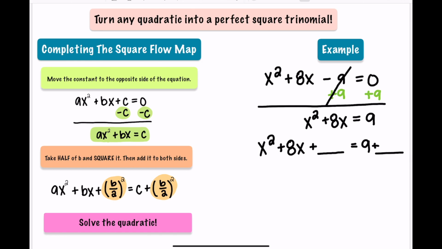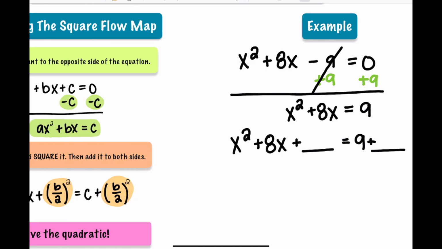So to make this a perfect square every single time, a little shortcut method is to take b, divide it by 2, and square it. Our b is 8, so divide that by 2 and square it. That's what we're adding to both sides, and that is equal to 16.